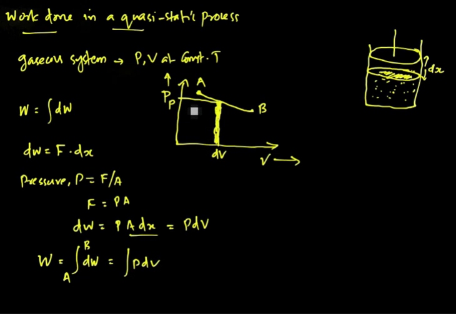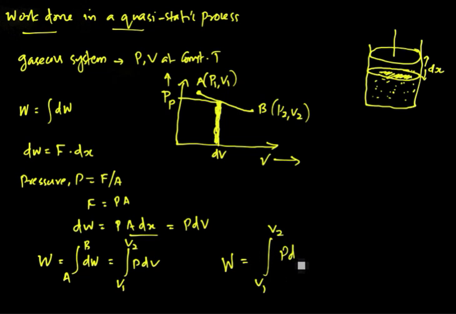Suppose the volume at the point A is V1 and the pressure is P1, and at B it is P2 V2. So this expression, work done W is equal to integral V1 to V2, P dV, represents the work done during a quasi-static process when the system changes from the state having the volume V1 to the volume V2.